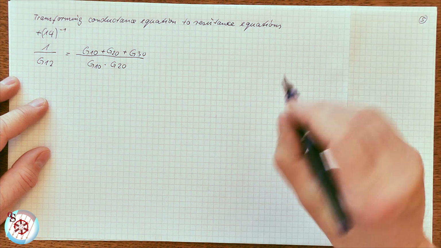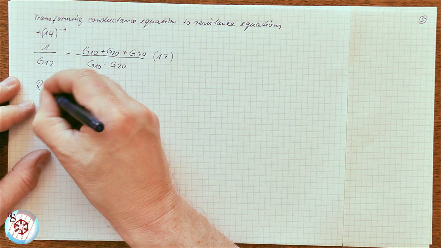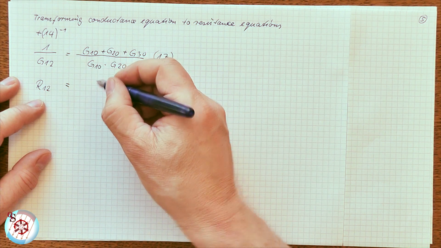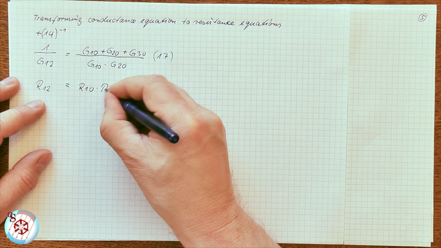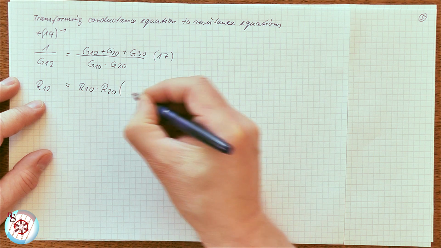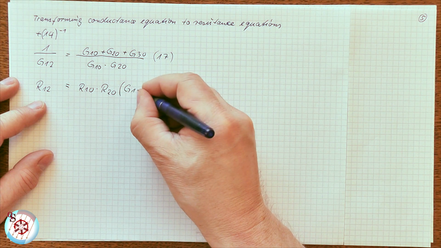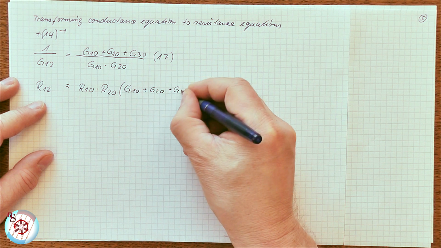That's 17. So 1 divided by G12 is of course R12, and 1 divided by G10 is R10, and 1 divided by G20 is of course R20. And we leave the sum in those parentheses, and that's still G10 plus G20 plus G30, equation 18.